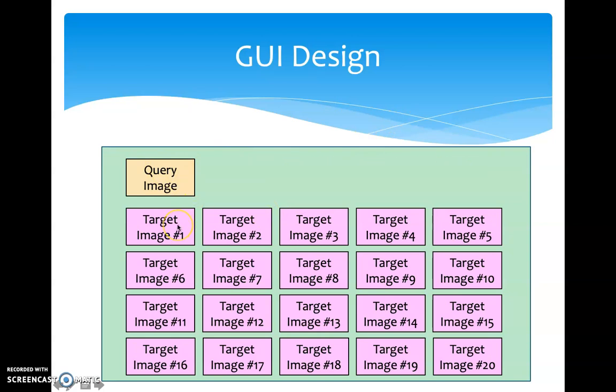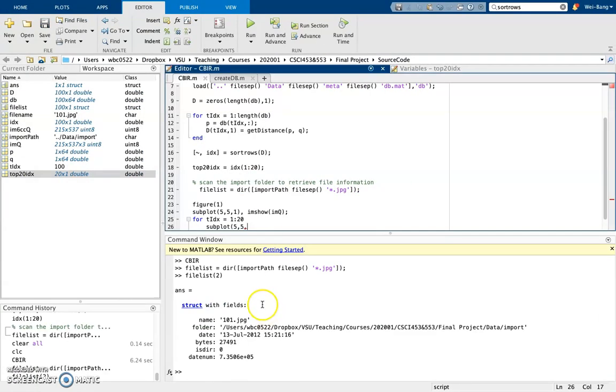So we start from 6, which is 5 plus 1, because the first row has 5 subimages to display. The 1 actually comes from the T index. This allows us to specify the subplot.